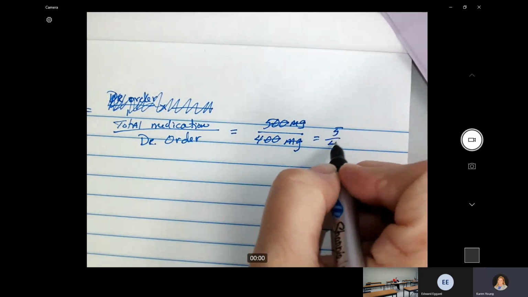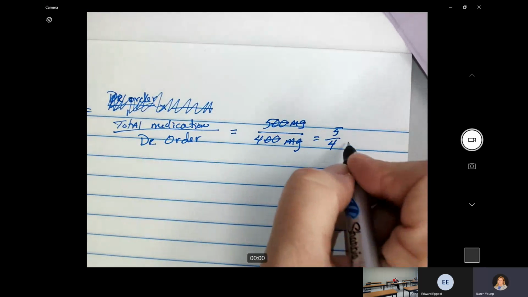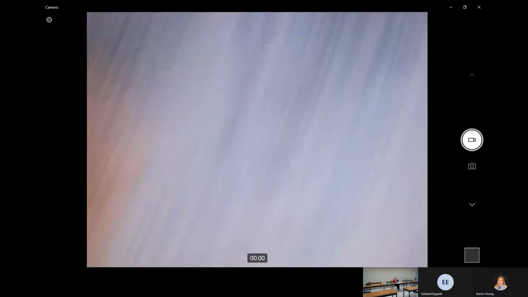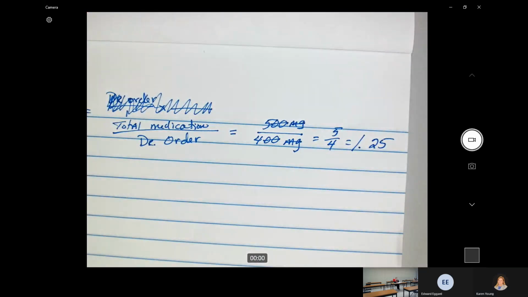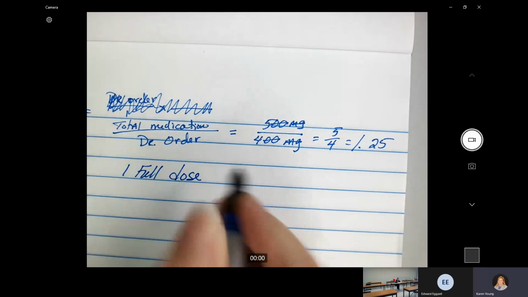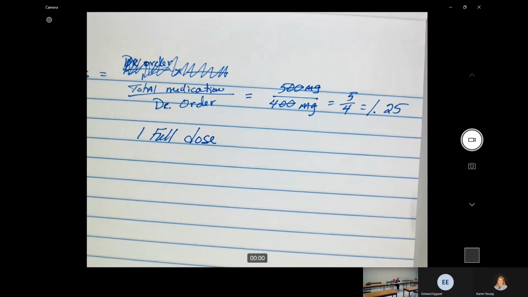I have 5 over 4. Put that in your calculator, you're going to get 1.25. But I want to know full doses. So do I worry about that 0.25? So I have 1 full dose. The hardest part with this one is knowing all the different little formulas and where you put all your information.